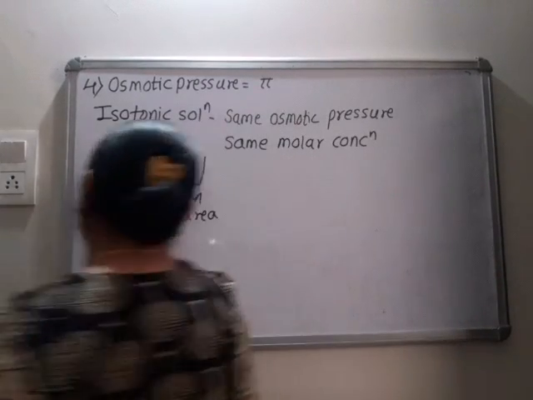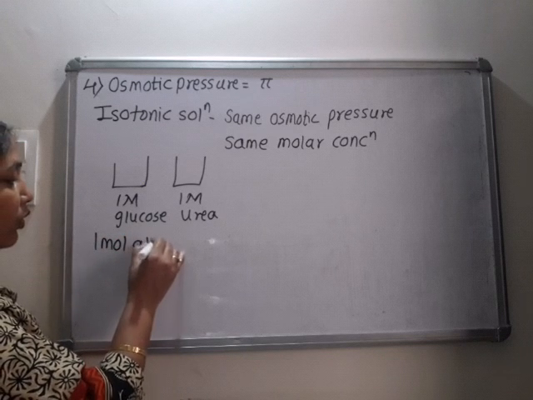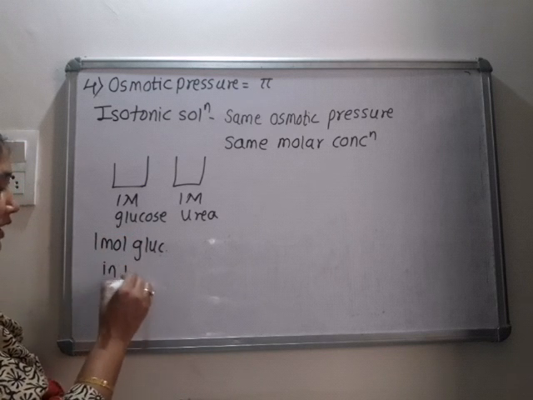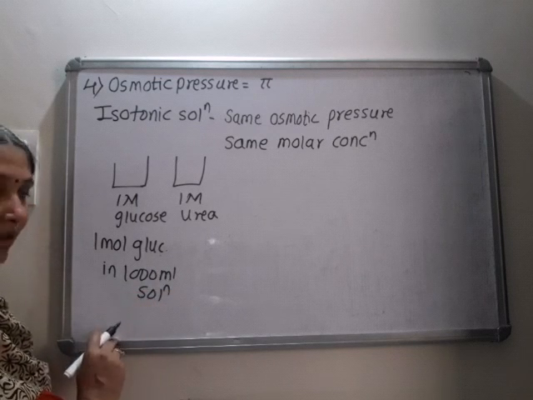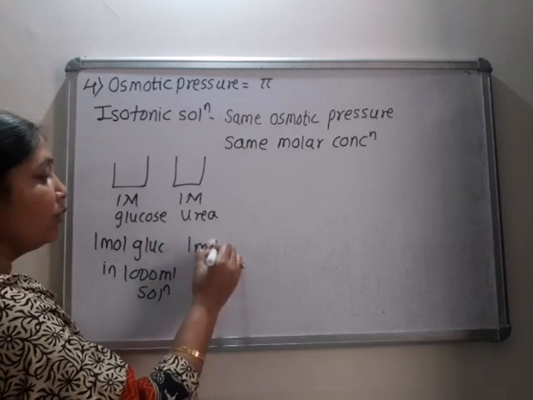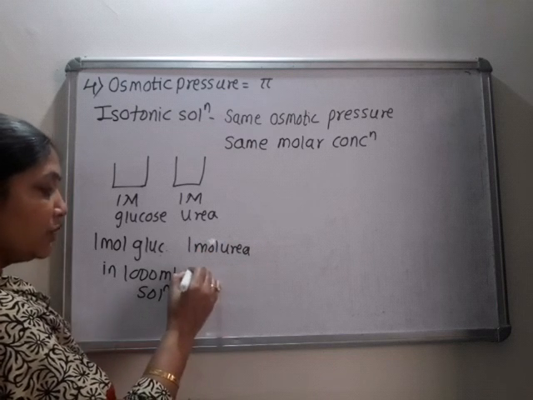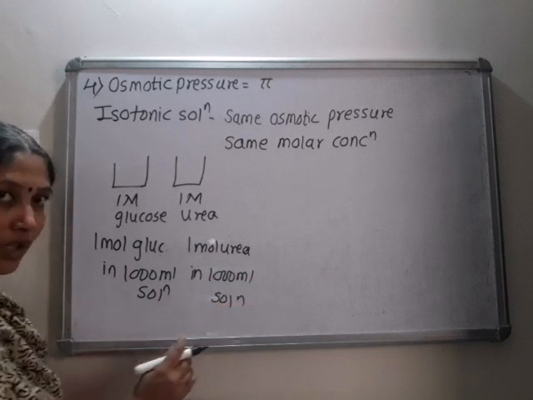It means that 1 molar glucose means 1 mole glucose is present in 1000 ml solution, and 1 molar urea means 1 mole urea is present in 1000 ml of solution.